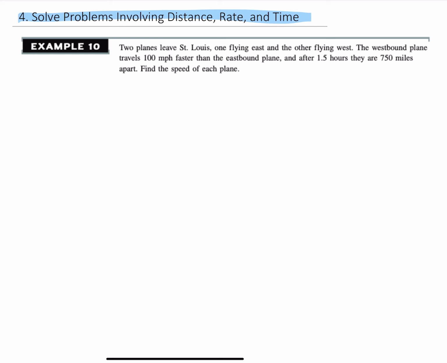It says two planes leave St. Louis, one flying east and the other flying west. The westbound plane travels 100 miles per hour faster than the eastbound plane. And after 1.5 hours, they are 750 miles apart. And it wants us to find the speed of each plane.